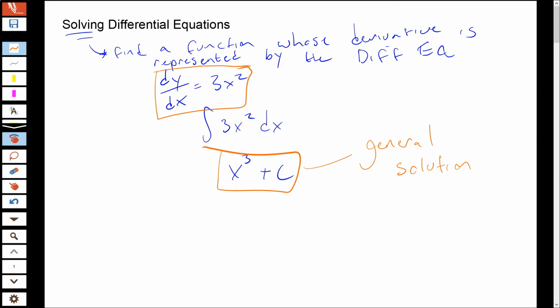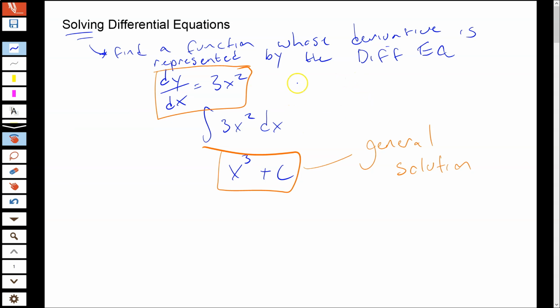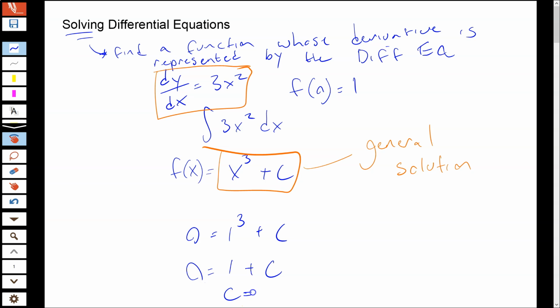Okay, so we've done this before. What we would need to find that is an initial condition. So let's say we also know that f of 0 equals 1 is my initial condition. Then I would plug in 0 to the third, 0 plus c. 1 equals 0 plus c, so c equals 1.